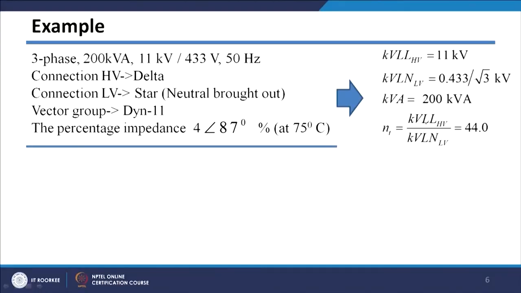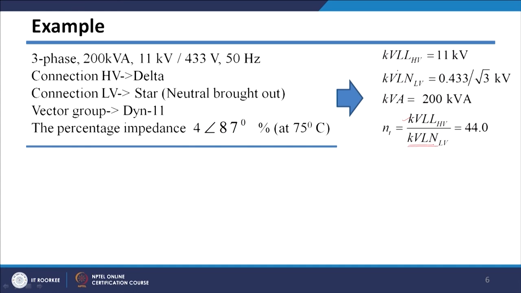So, we can easily find out the turns ratio. For the turns ratio we need to know, because on the primary side it is delta, across the winding there will be line to line voltage, and the secondary side is star connected, so across one winding the voltage will be line to neutral voltage.